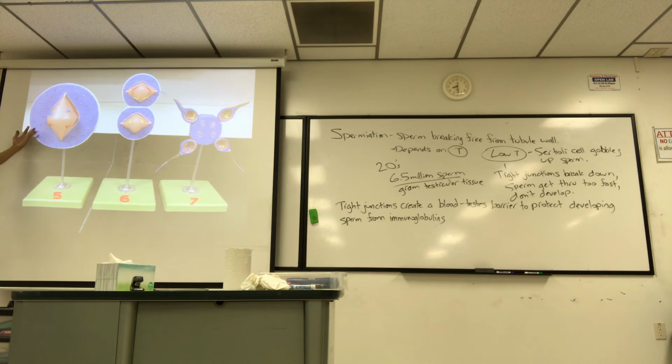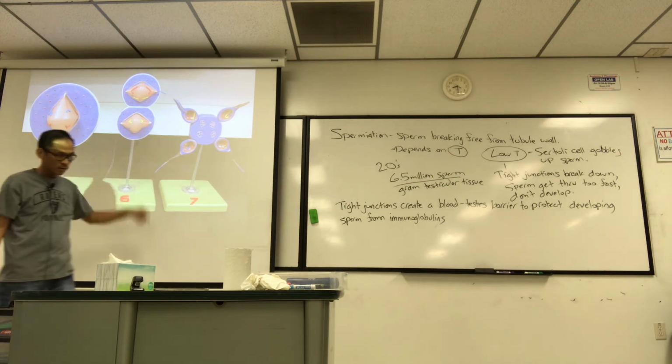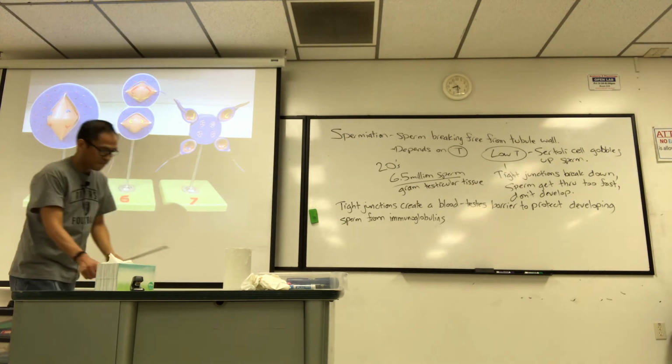So if I said name the phase, what would you put? Anaphase 1. Very good. And I would ask you the gender too. It's male. How do you know it's male? Because female, isn't it an unequal division? The whole polar body thing? Yeah, that's how you can tell. Gender, biological sex. So if this is anaphase 1, what's this one? Anaphase 2.